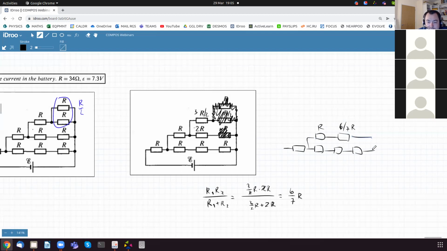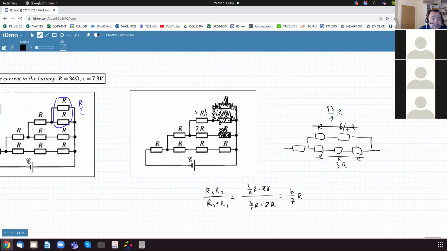And like this. And this is R, or in other words, it's 3R. So that's 3R. And this is R plus 6/7R, so that's 7/7R plus 6/7R, 13/7 R.